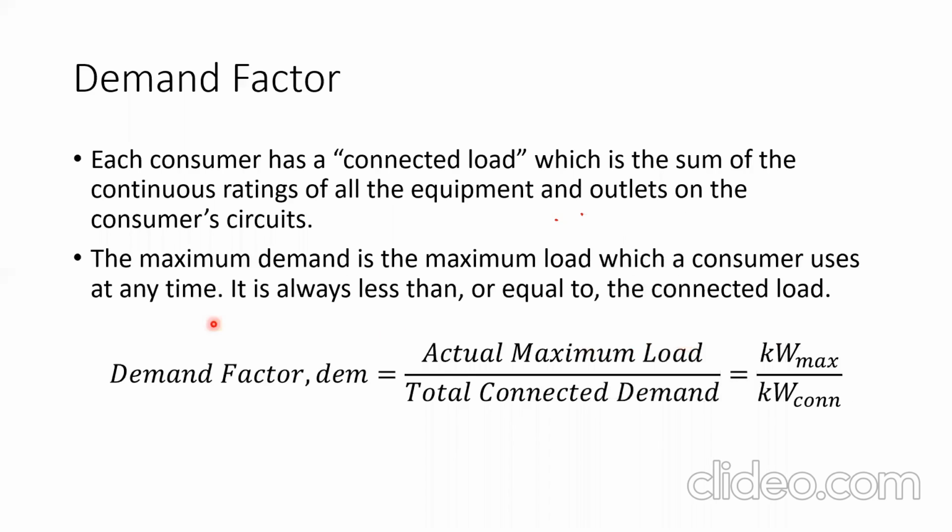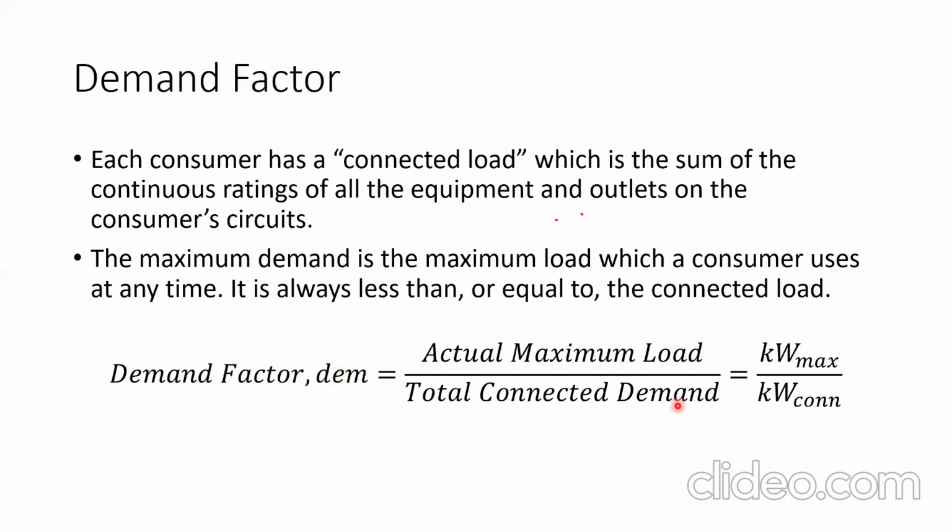The maximum demand is the maximum load which a consumer uses at any time. We know what the maximum demand or peak demand is. It is always less than or equal to connected load. The demand factor, denoted by DEM, is equal to actual maximum load divided by total connected load.